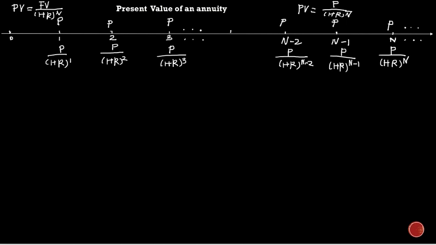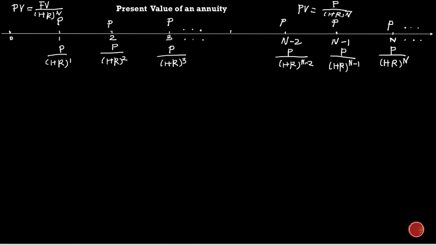For the second P, we have 2 periods, so the present value is P divided by 1 plus R to the second power.